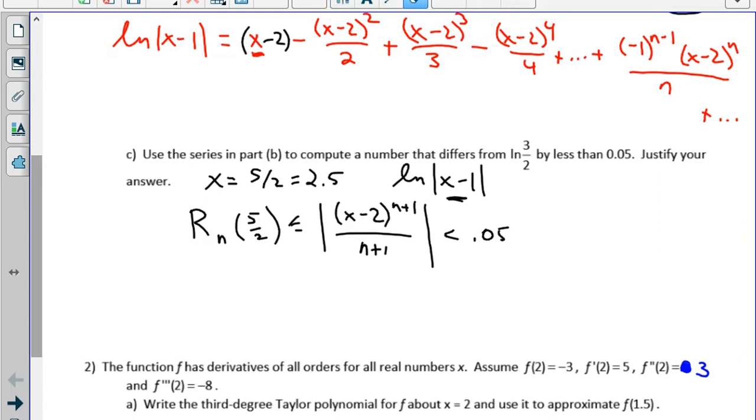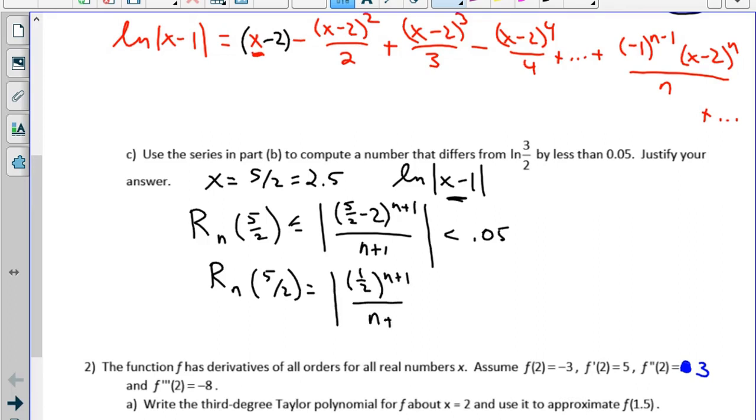So I'm going to sub in 5/2 here. If I sub in 5/2, that means r sub n of 5/2 is equal to 1/2 to the n plus 1 over n plus 1. And I want that to be less than 0.05.